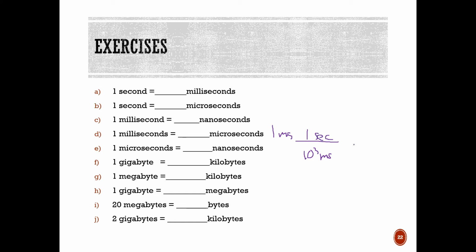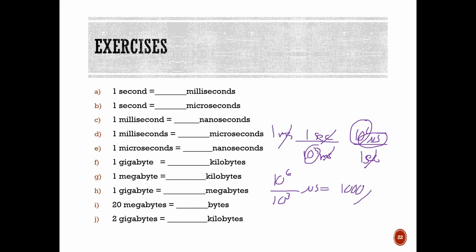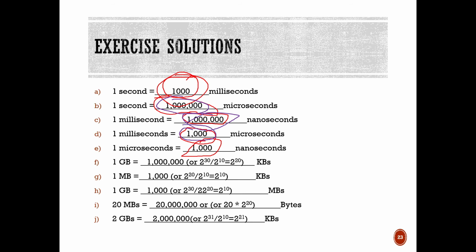And in 1 second, how many microseconds are there? 10 to the 6 microseconds. Milliseconds cancel out, seconds cancel out, we're left with microseconds, and we have this 10 to the 6th and this 10 to the 3rd. Divide these out, and the conversion is going to be 1,000 microseconds. And that's the answer for that. There you go, 1,000.